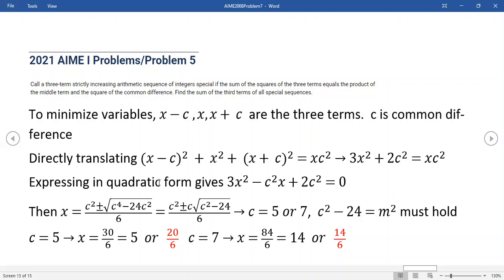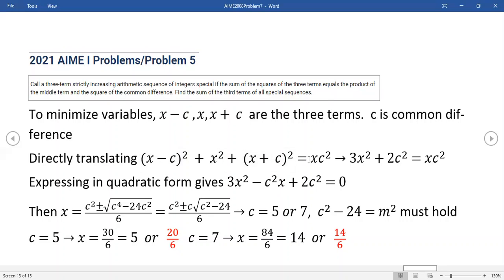Again, the direct translation part: this is the square of the first term. This piece right here is the sum of the squares of the 3 terms, which corresponds directly to the statement. Now they say that equals the product.